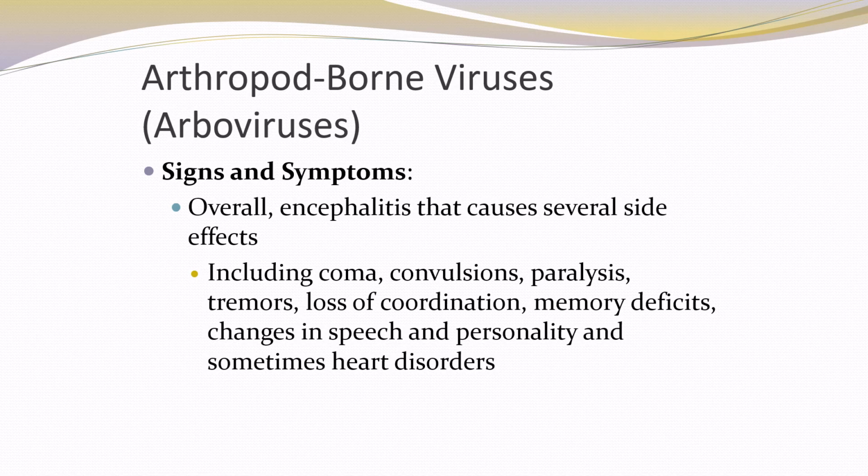But essentially, just realize that with encephalitis, the brain controls everything, and there's a lot that can go wrong if the brain starts to swell. So that's what is leading to this wide range of symptoms. Especially with this particular type of nervous system disease.